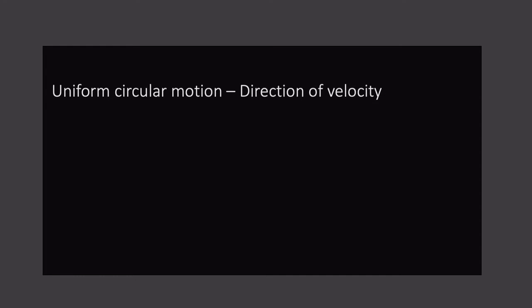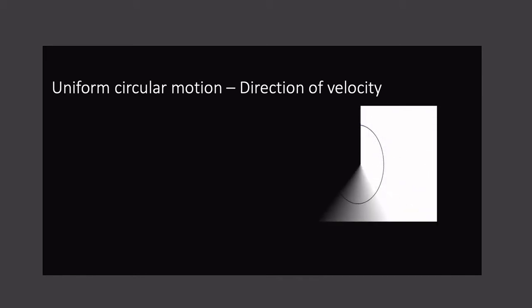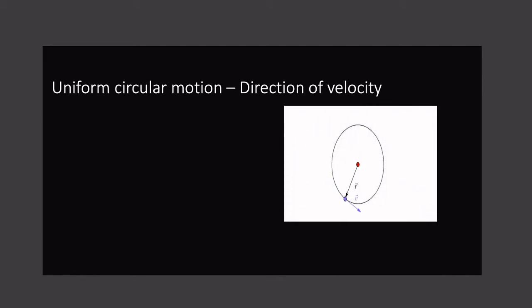Let us discuss an important physical quantity of an object in uniform circular motion: velocity. Velocity is a vector quantity. It depends on magnitude and direction. If you consider only the magnitude, it's called speed. The speed of a particle in uniform circular motion remains the same. That means the magnitude of velocity remains the same. Then what happens to the direction of velocity?